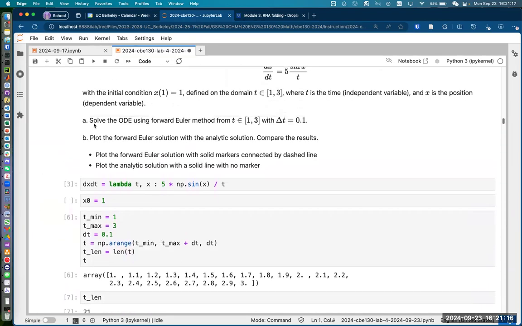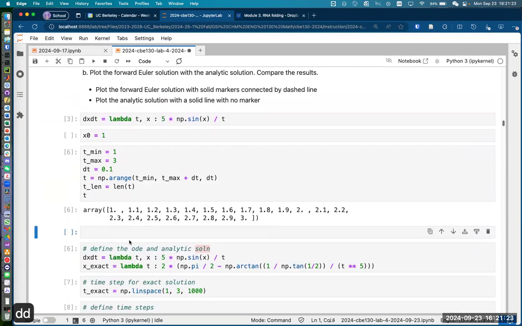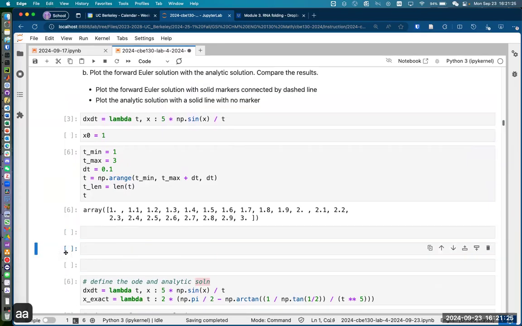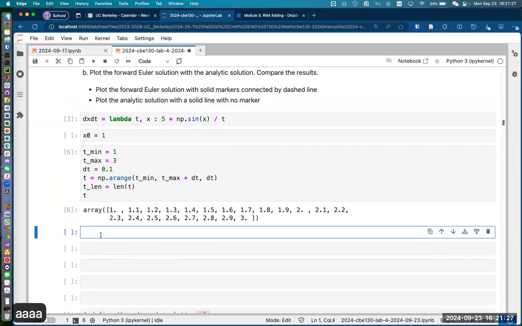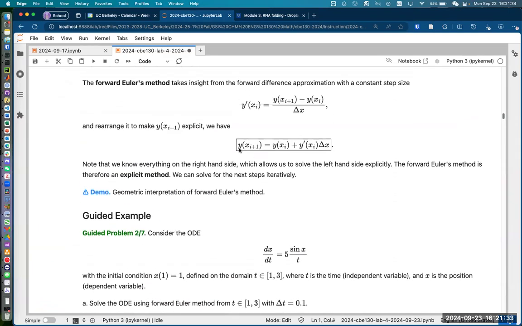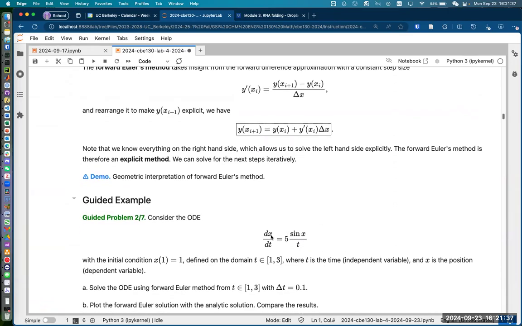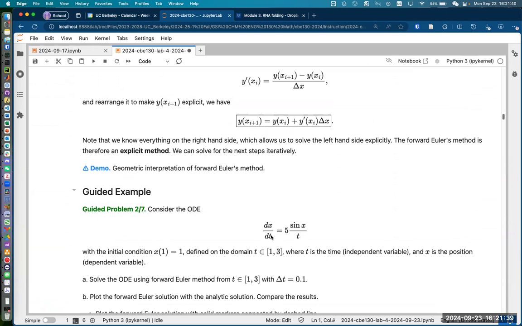Okay, now we want to solve this ODE using forward Euler's equation. And to do that, we'll need to construct the forward Euler algorithm. And for that, we need to look at the equation. The equation is here. So y of x I plus 1, in our case, is x of t I plus 1.